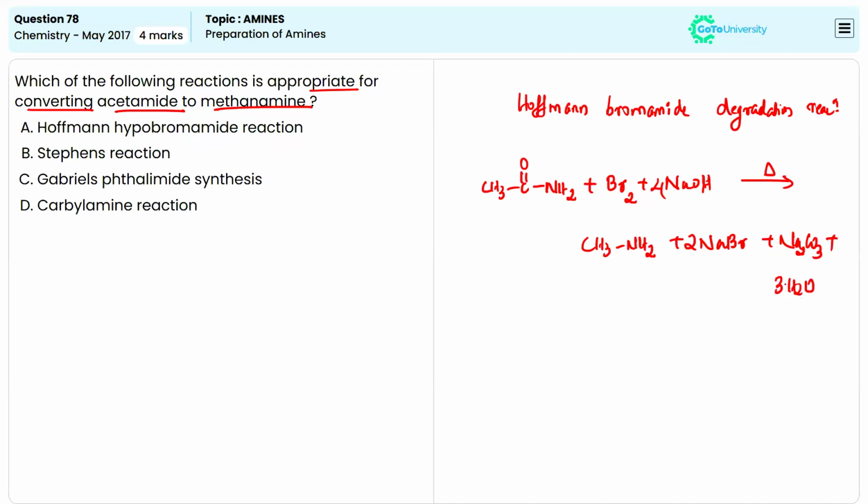So this is the reaction. We can convert this acetamide to methanamine by the Hoffmann bromamide degradation reaction.